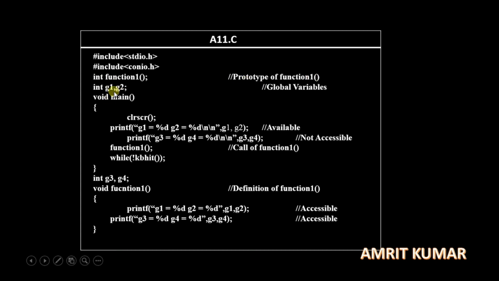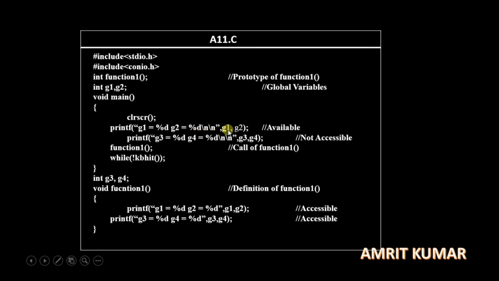And then I have declared the global variables g1 and g2 of integer data type. Then we have declared a main function whose return type is void, and in that I have opened the curly braces, and I have used the clrscr function whose work is to clear the screen. After that the printf function, and I have displayed the values of g1 and g2 here.